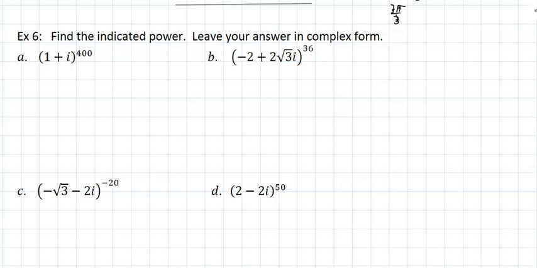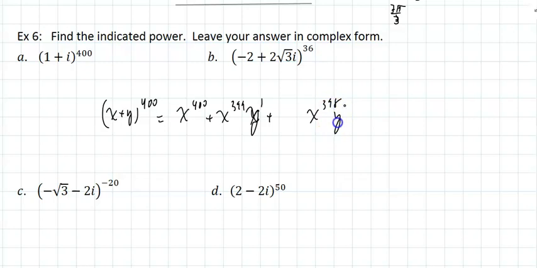Okay, and now we cut to the actual use of this. So we know that (x + y)^400 has 401 terms, all the way.